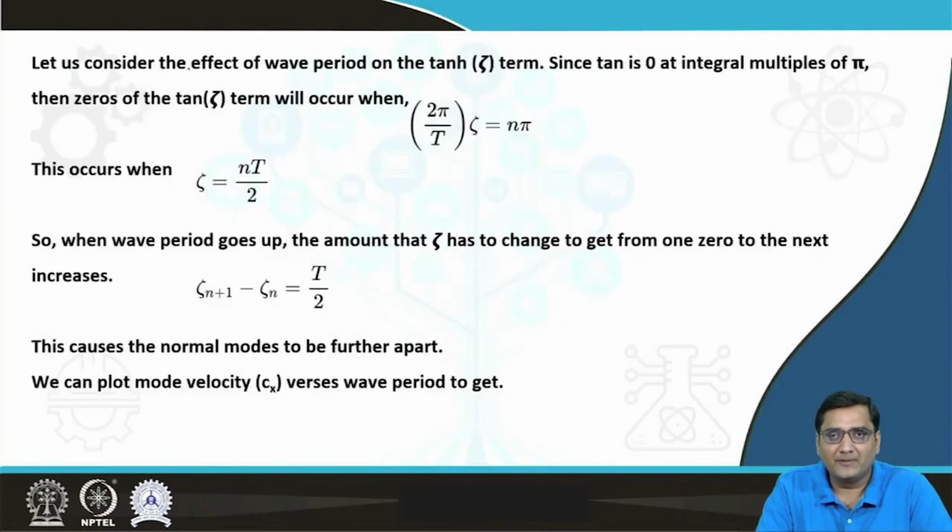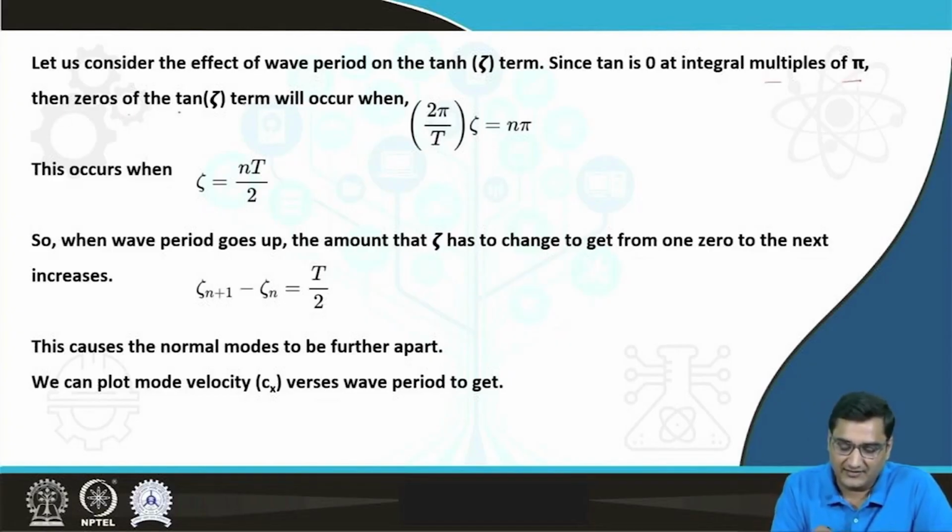Right. So now let us consider the effect of the wave period on the tan inverse zeta term. That means the tan zeta term. Since tan is 0 at integral values of pi, the zeros of the tan zeta term will occur when 2 pi by T zeta is equal to n pi.